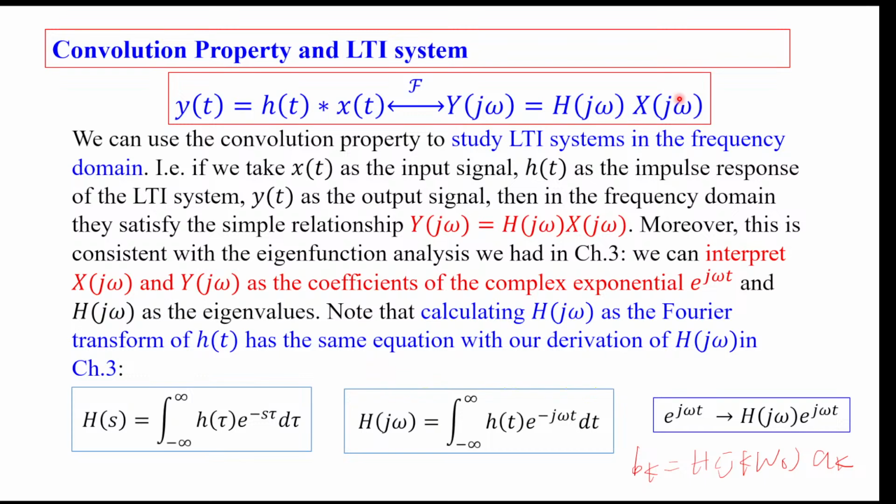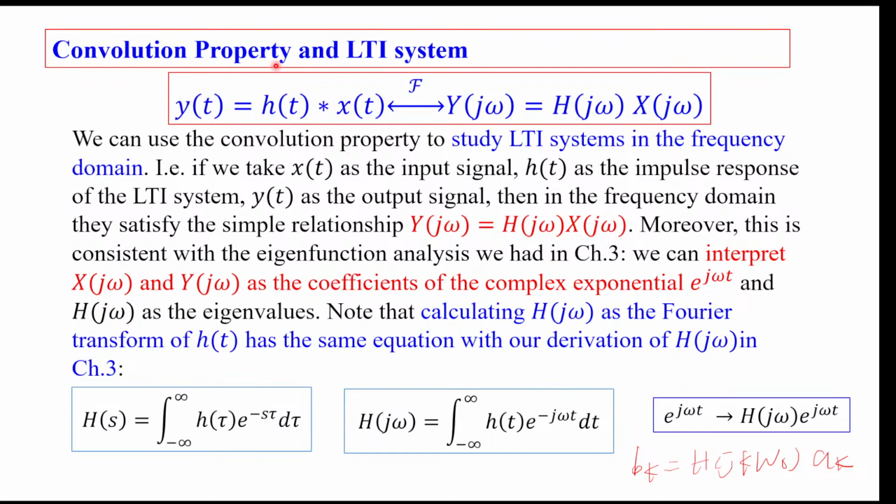And so convolution property, we see that it has a very nice interpretation on this different view on LTI system. And this is the basis of a lot of our analysis in this course. That is, we see that LTI system, we will say this is viewing time domain and frequency domain.